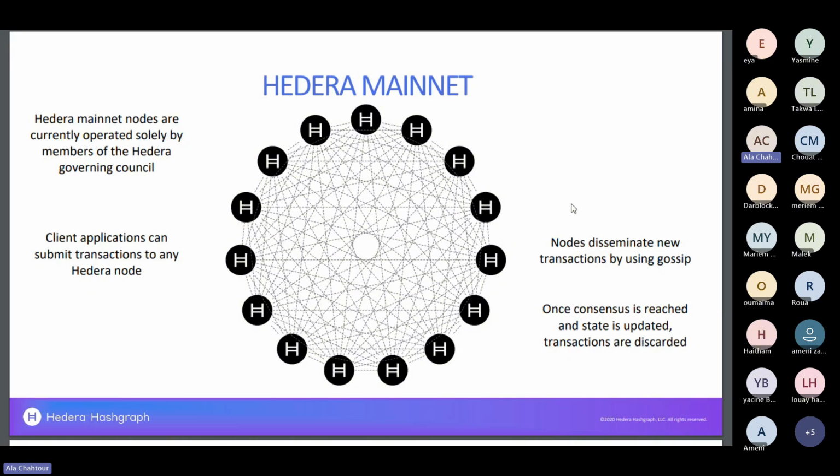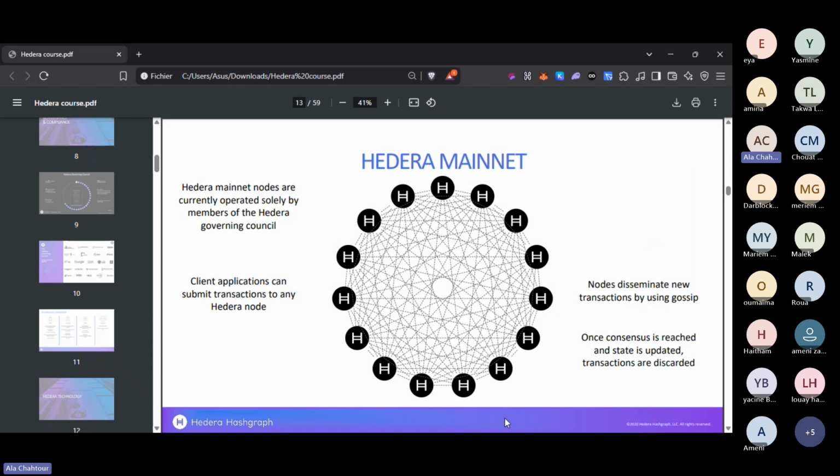If it works perfectly, they can deploy it after that on the testnet network and mainnet network. Those are the different types: mainnet, testnet, and previewnet. It's really important for you guys. Is that part clear for you? Is there any question?